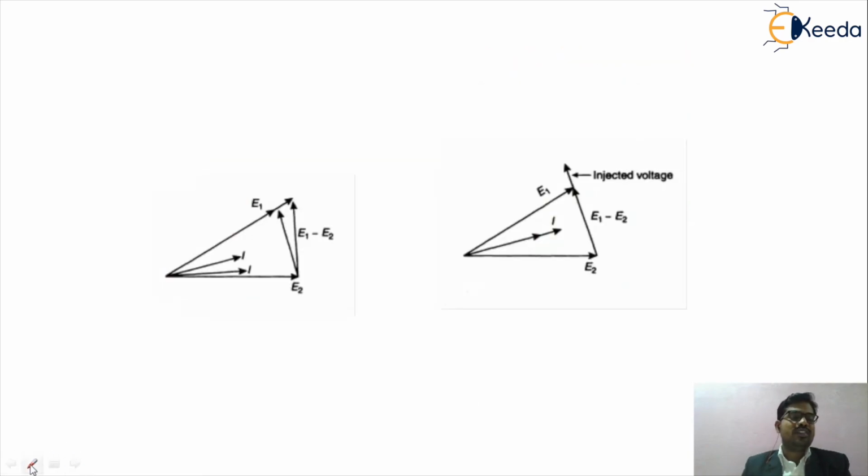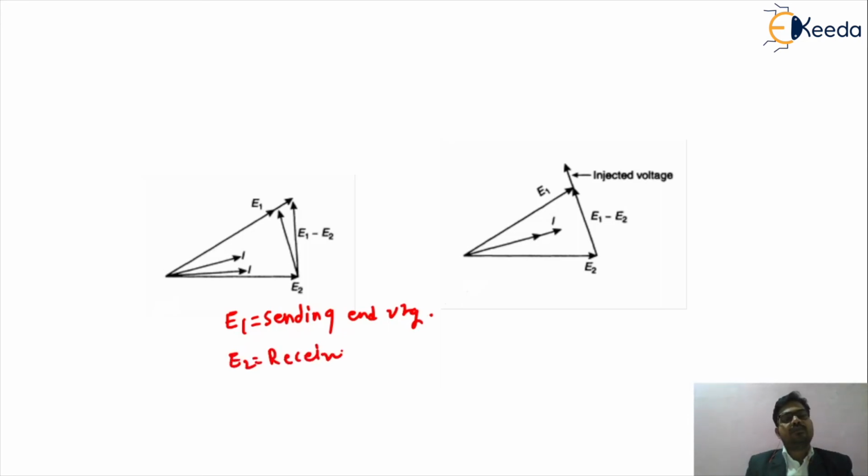As shown in that particular phasor, we can rewrite E1 as the sending end voltage, E2 as the receiving end voltage, and this phasor representation is given by the magnitude of E1 minus E2. Okay, so this will be that phasor representation.